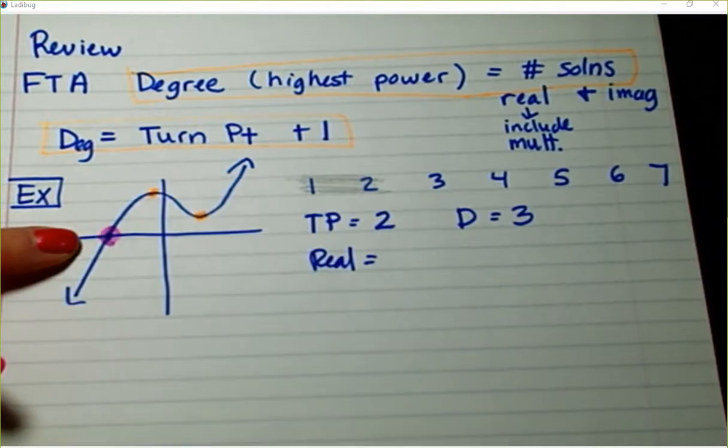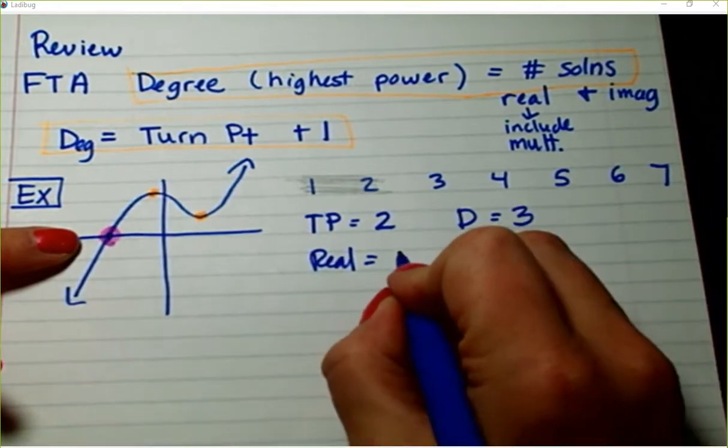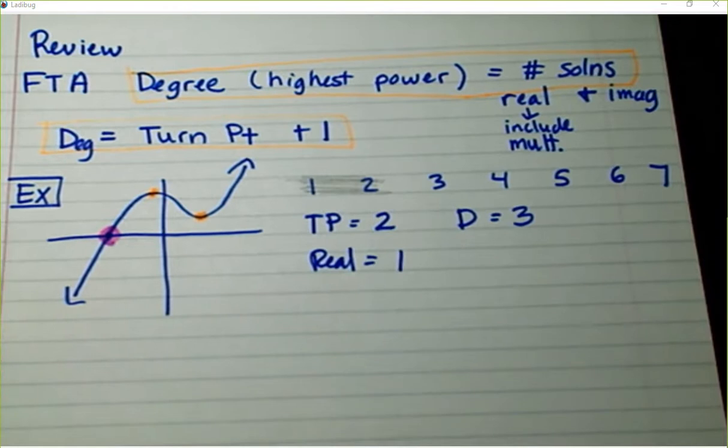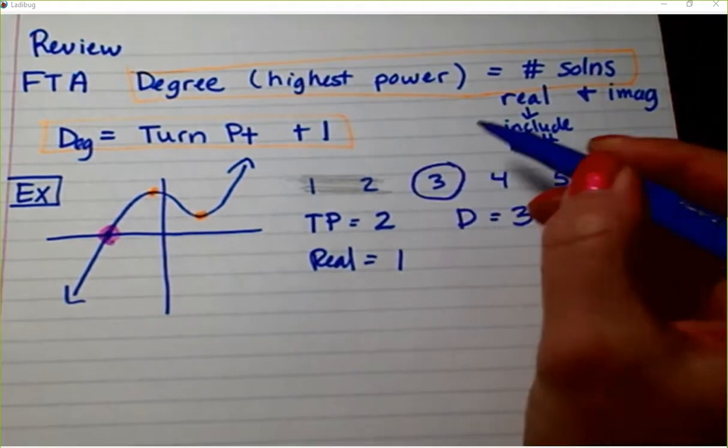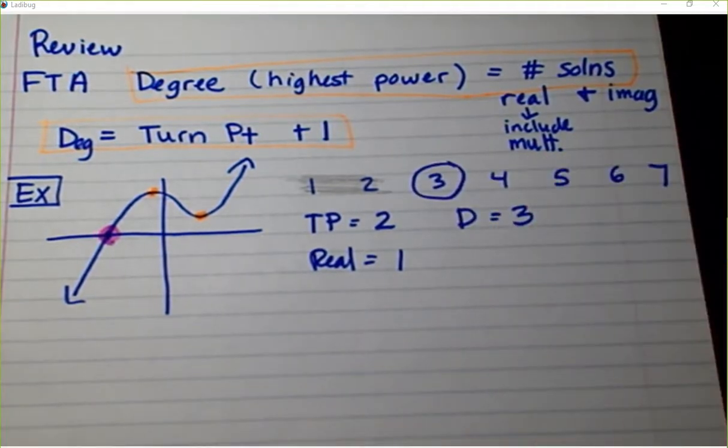See how it goes straight through? So that means I have 1 solution. Well, it's not degree 1, guys, because it's too curvy. So what's the smallest number that's not been crossed off? 3. Can somebody give me, yes?